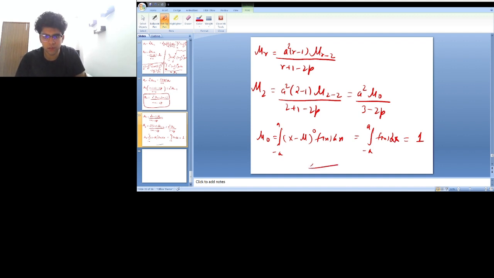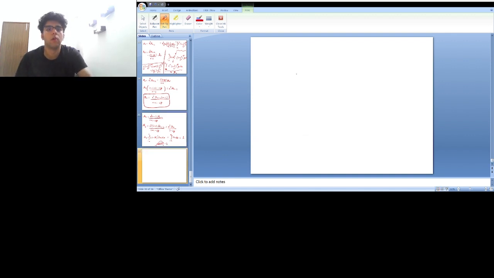This is the total probability under the curve, the sum of the whole area under the curve, which is 1. So my mu 2 or my sigma square is equal to a square into mu 0 upon 3 minus 2p. So my a square is equal to sigma square times 3 minus 2p.